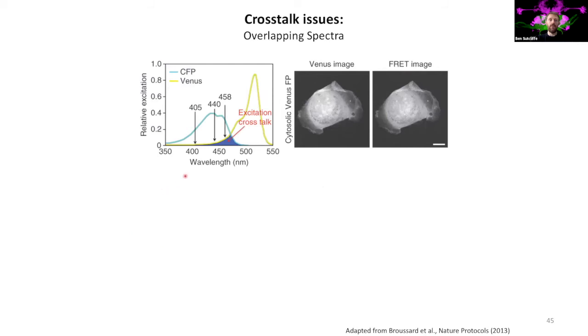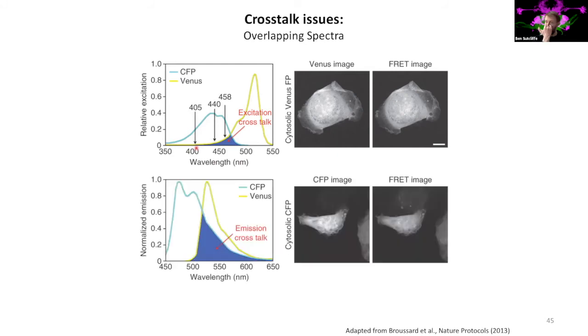Here, if you excite the CFP donor with 405, 440, and 458 nanometer wavelengths, you can see you get varying excitations of your Venus as well. This is called excitation crosstalk. If you were to use 440, you're still going to be getting some Venus excitation. So it would be best here to try and use 405, I guess, just to limit that.